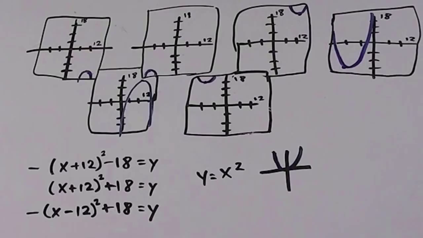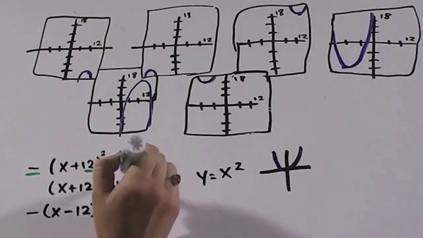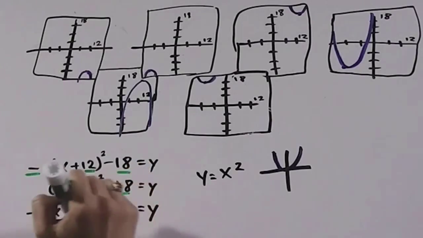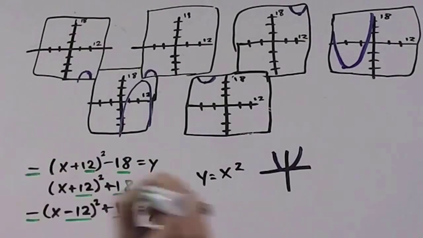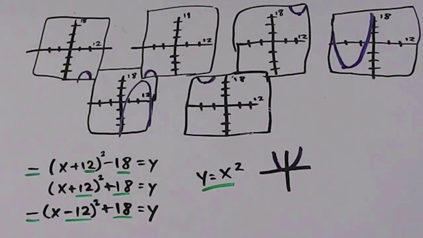And the question arises, how are these values transforming or translating our original graph here? So what we're looking at is these graphs and these functions.